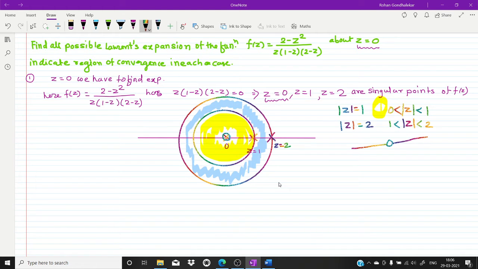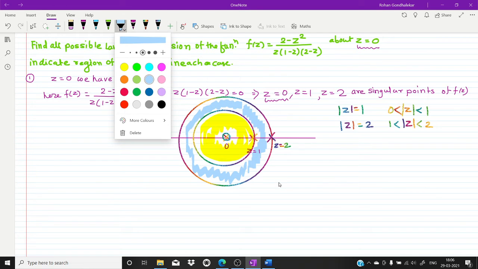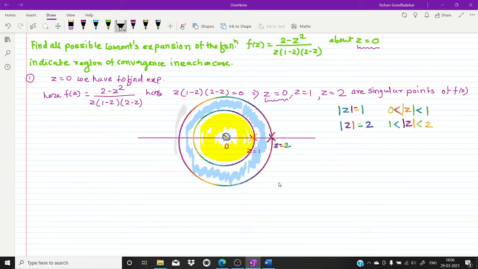So 1 is less than mod Z is less than 2. Okay, clear with this? Now there is one more region. What is that? That region would be, take some different color for that. See the outside part of this bigger circle. Is it also an annulus region?